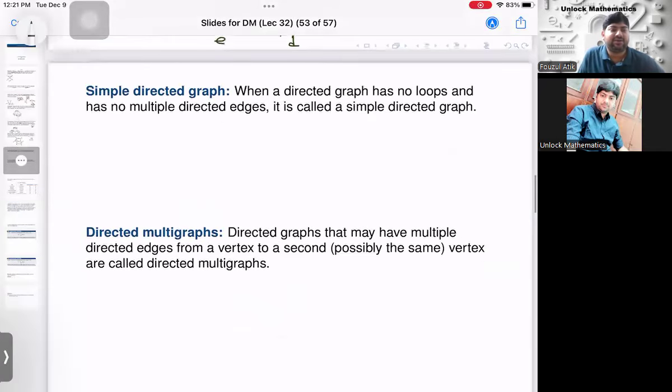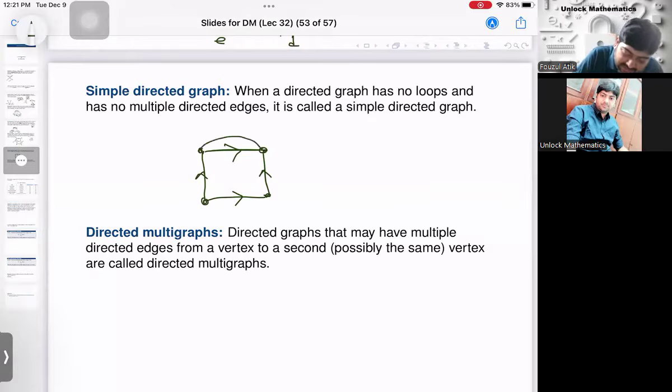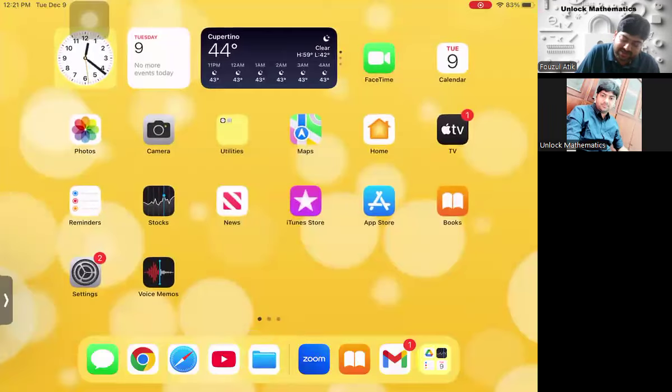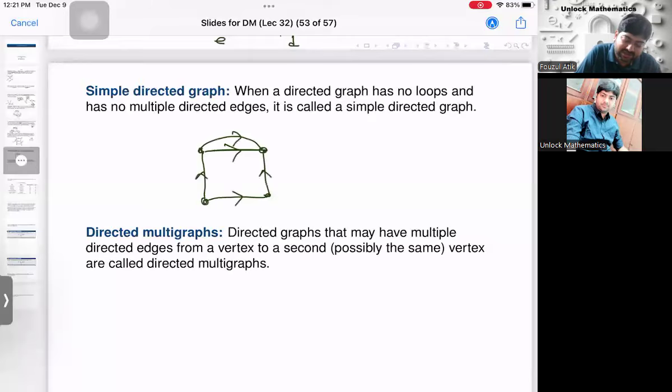Now, a simple directed graph: when a directed graph has no loops and has no multiple directed edges, it is called a simple directed graph. Like in this case, if you have a directed graph like this, you can see that it has no multiple directed edges. But if you have this, then it is not a simple directed graph because you have multiple directed edges.